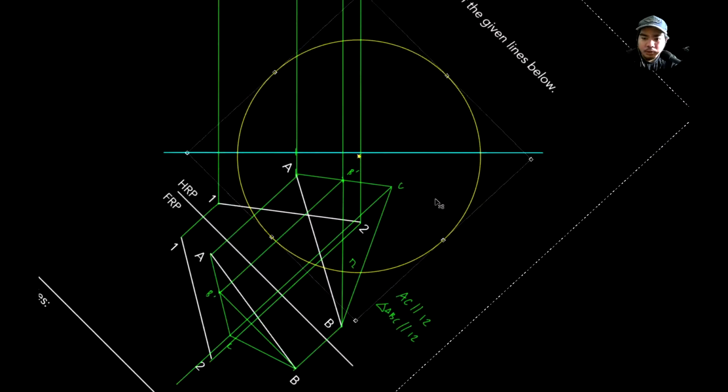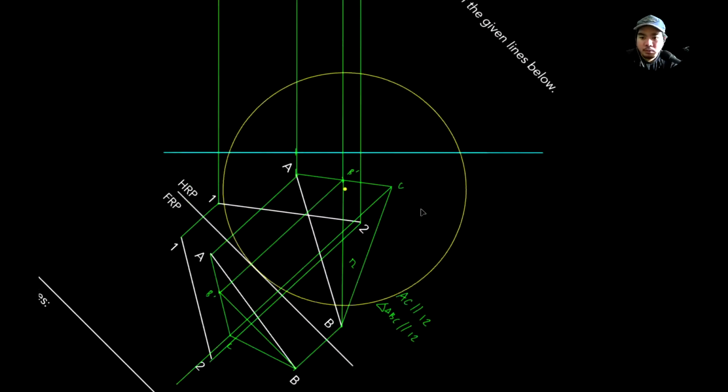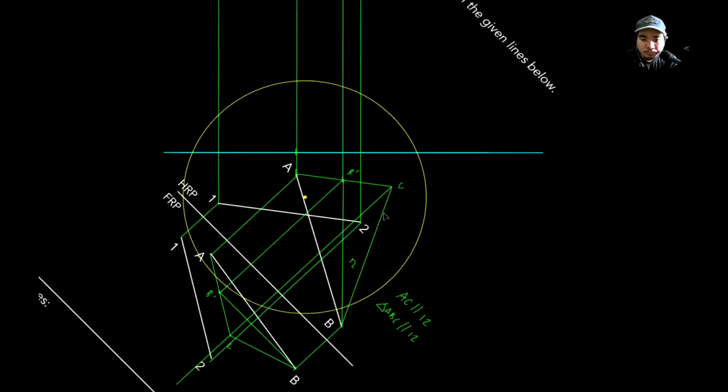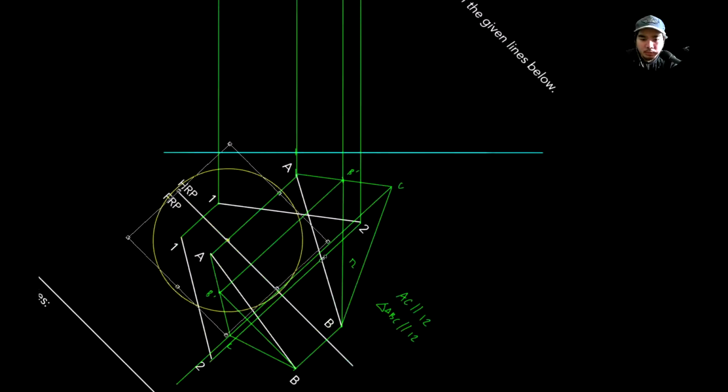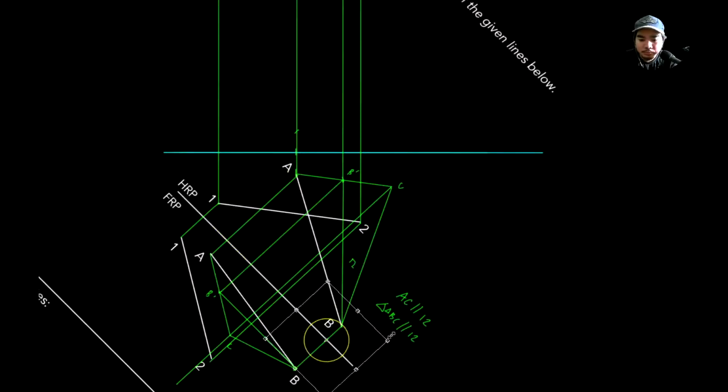Okay. Compass natin, move natin si compass. So first is A muna. A. Okay. Next is let's do B. So B is somewhere here.